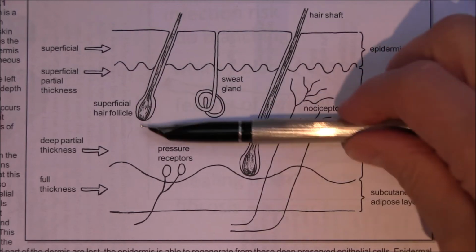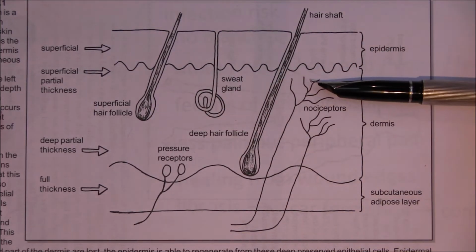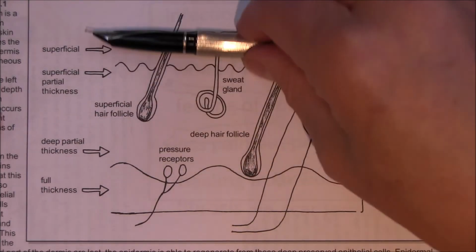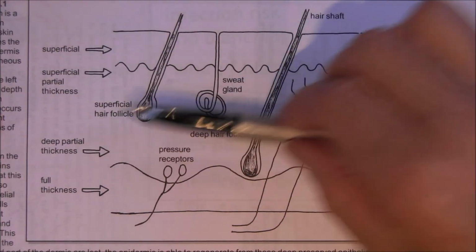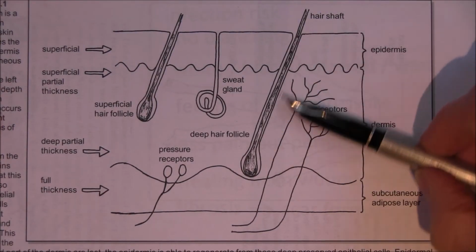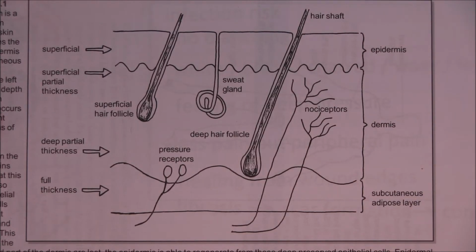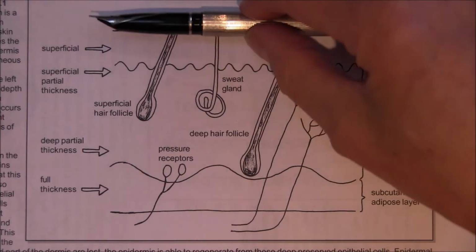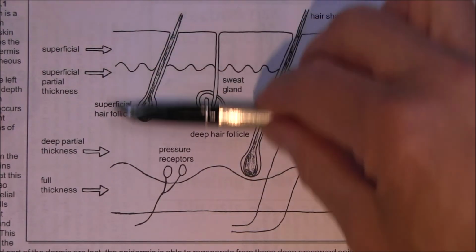So the hair follicles are lost, the sweat glands are lost, the nociceptors are lost. That's why if it heals by fibrosis, all these elements will no longer be present. There won't be regeneration of these elements, there'll just be scar tissue. So the tissue will be scarred, it'll be contracted, it will be unsightly, it'll be non-functional, it'll be non-elastic. Won't have hair, won't have sweat glands. Because all of this is lost.